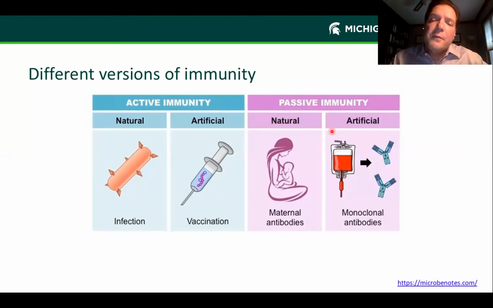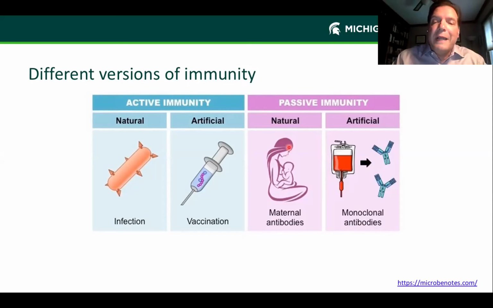There's also passive immunity, and Cori touched on that a little bit. We can take antibodies from people who have become infected and give those antibodies after we purify them, or we can construct antibodies in the laboratory, a specific type called monoclonal antibodies, that will target the pathogen if we give them to people.